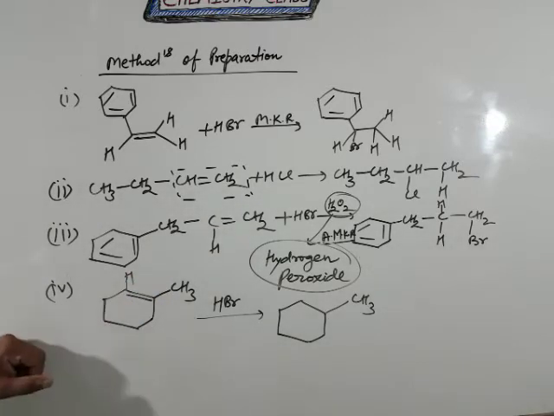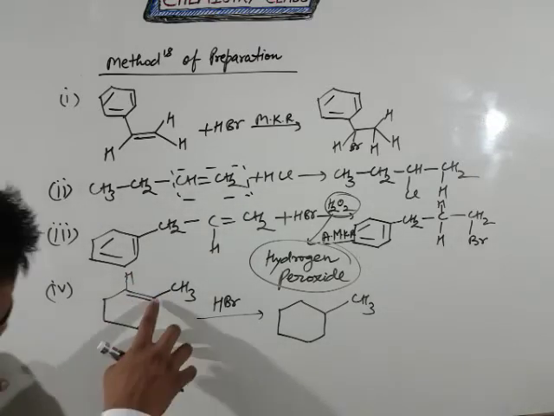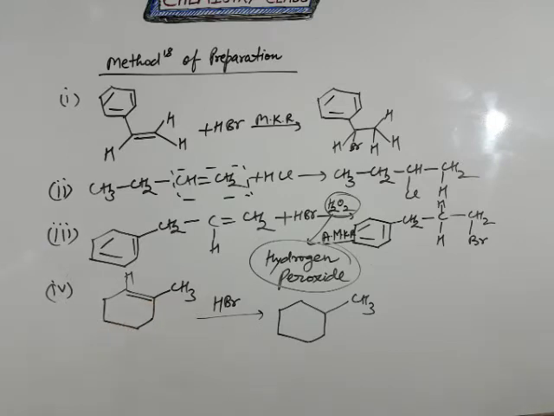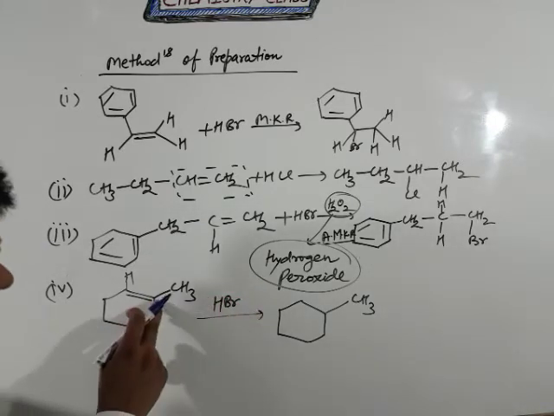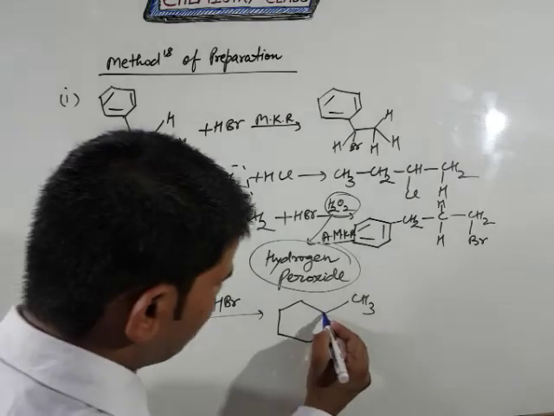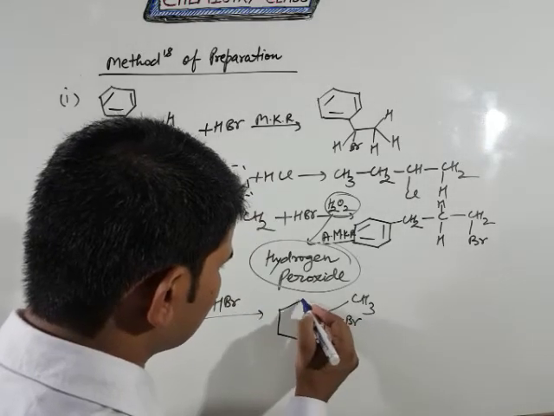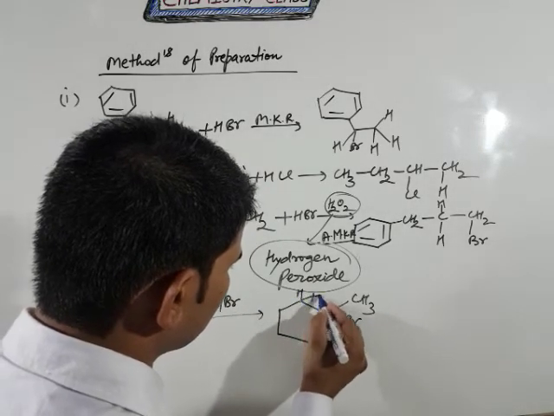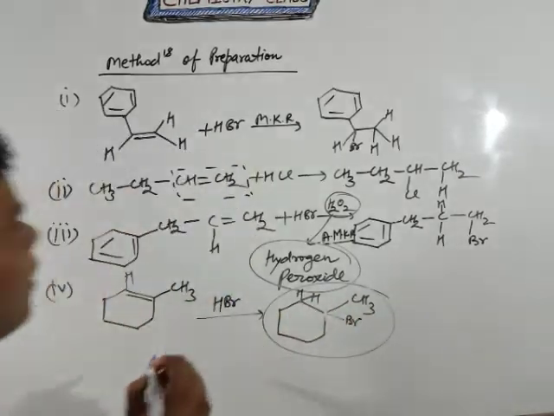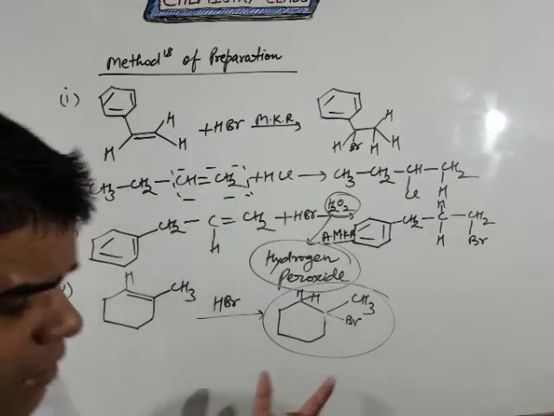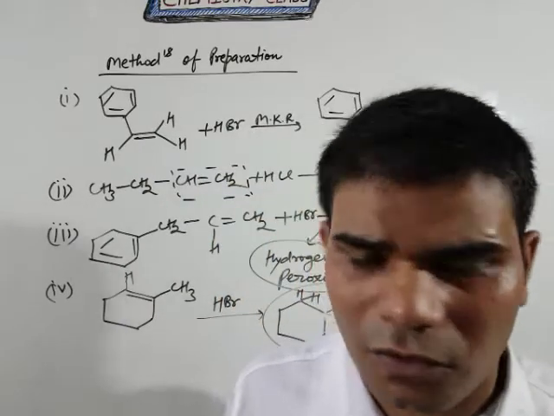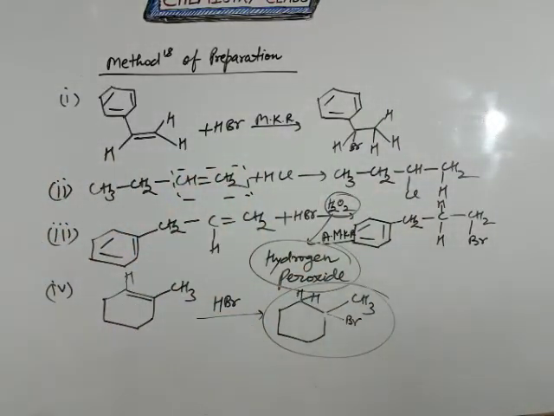So which carbon has fewer hydrogens? This carbon atom has fewer hydrogen atoms, so the nucleophile easily attaches to this carbon atom, and the other hydrogen goes here. This is our final product of this reaction according to the Markovnikov or anti-Markovnikov rule.